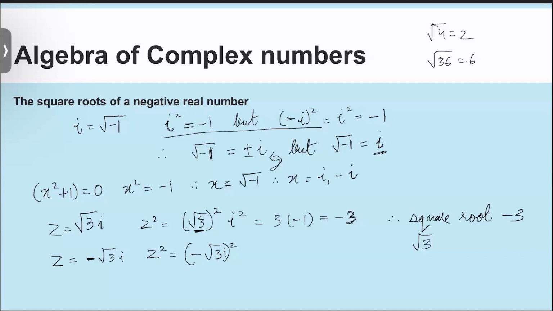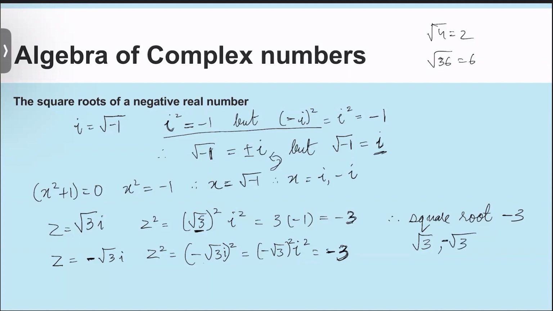Now you have minus root 3, and you take out the i squared outside. This also remains squared, so over here again you get minus 3. So we saw that minus root 3 i is also a square root of minus 3.